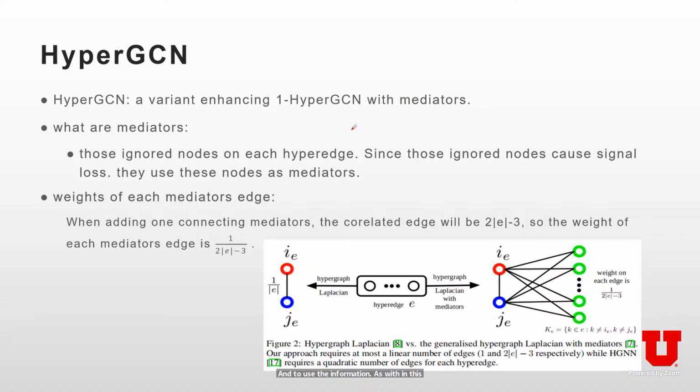For the weight of each mediator edge, you can see it is 1 over 2 times the number of vertices minus 3.